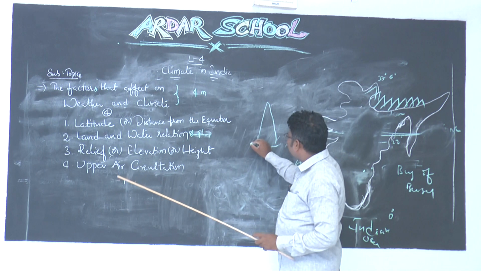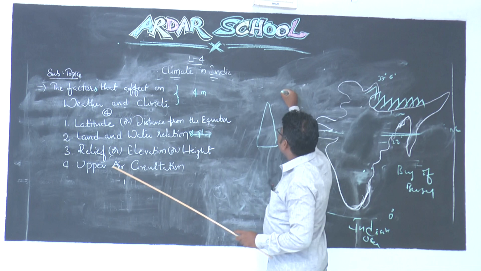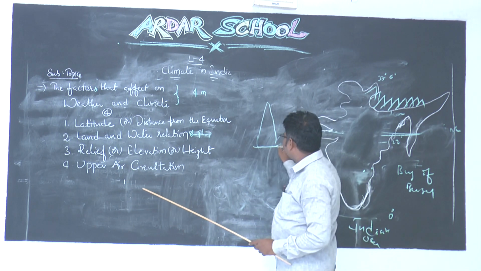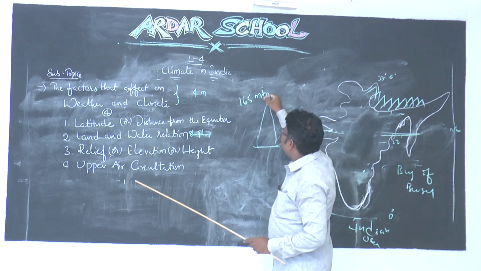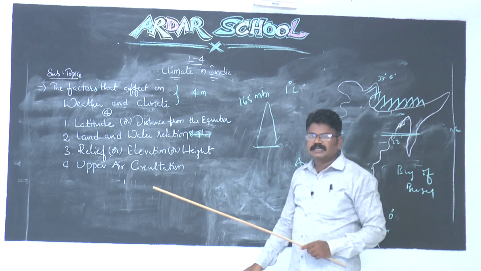If you are moving from the Earth's surface up into the atmosphere, temperature decreases. As we move away from the Earth's surface, for every 165 meters into the sky, 1 degree Celsius of temperature decreases.